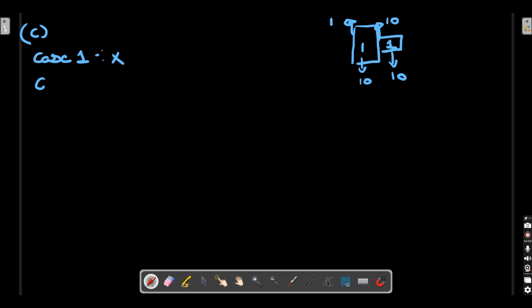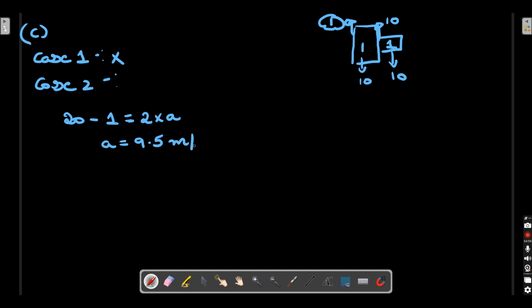Now case 2. Let's see. Case 2 is nothing but them both move together with a common acceleration. So 20 minus, you need to consider the force only here because there is slipping here and then both of the bodies move together. So 20 minus 1 is equal to 2 into acceleration. So acceleration is equal to 9.5 meter per second square. Now we need to verify it. So let's say this is 1 meter, 1 kg block. Here you will have tension and you need to find the friction over here.